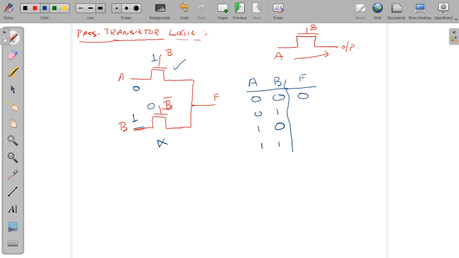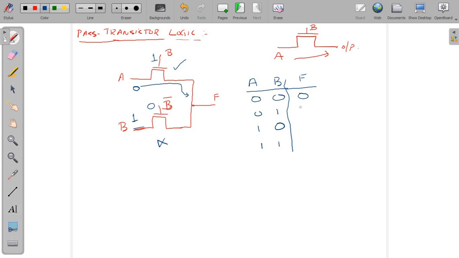That means that this path is not available, but this path, this device is available. So this will pass the input A to the output F, and the value of input A is 0, so this 0 will pass to the output F via this path, like this.